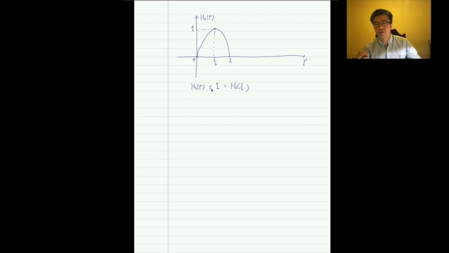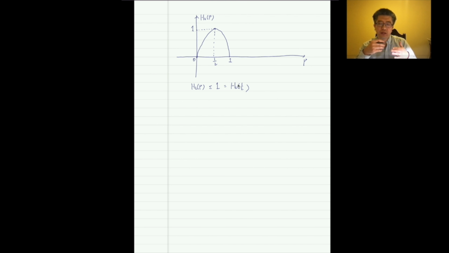Remember the example that we talked about, tossing a coin? When p is half, it basically means that the coin is unbiased. In this case, when we toss it, we don't really have any prediction whether it will be heads or tails, right? Because it's balanced. But if it's biased, then we can always guess with maybe a better chance whether it'll be heads or tails.